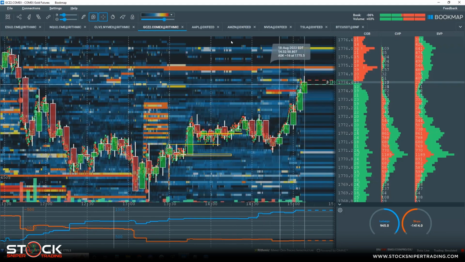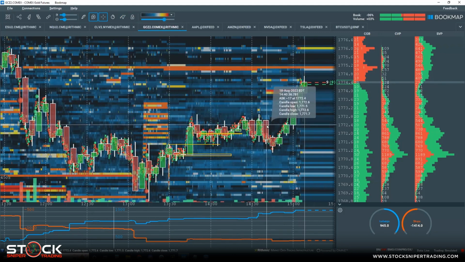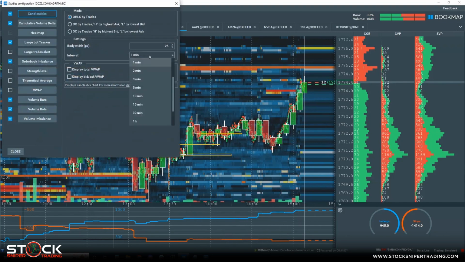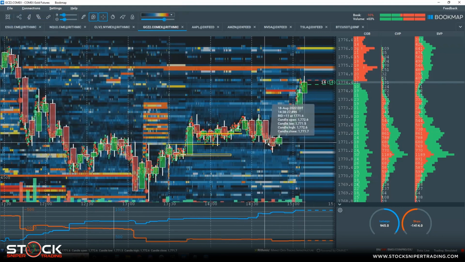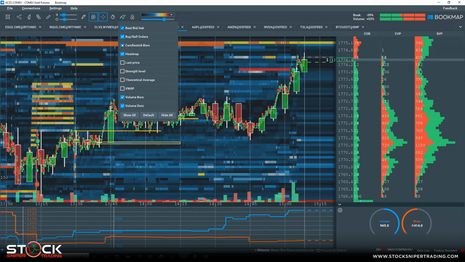the time frame. Well, we have candles in here, and you can right click on the candles and go to candlestick settings and look at 5-minute, 15-minute, whatever. But there is no time frame in Bookmap, and the reason is because it's pure price action.